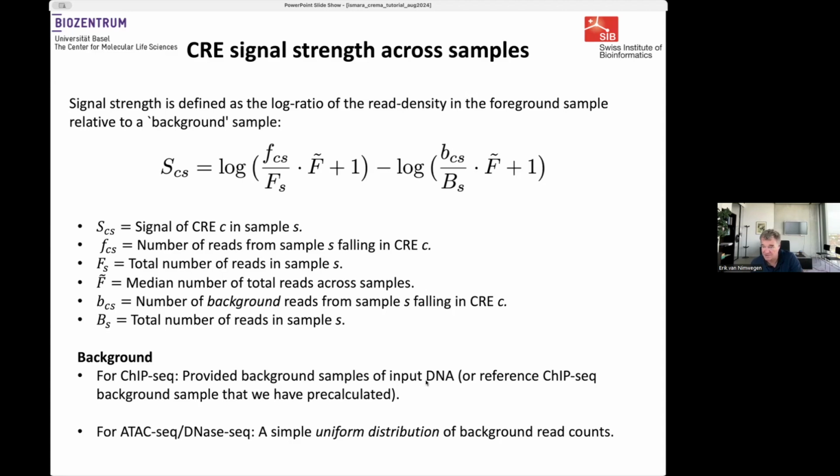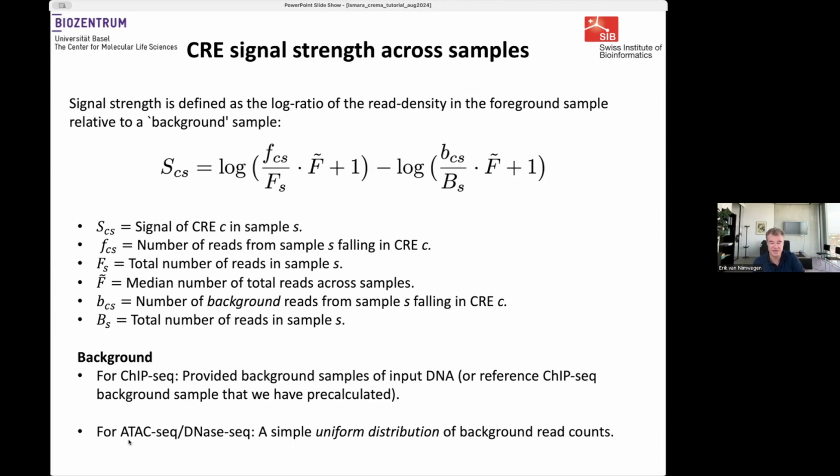So either the background samples are provided by the user, that's the best case. If the user doesn't have background samples, we have some pre-processed reference background DNA from ChIP-Seq samples, and we use one of those.